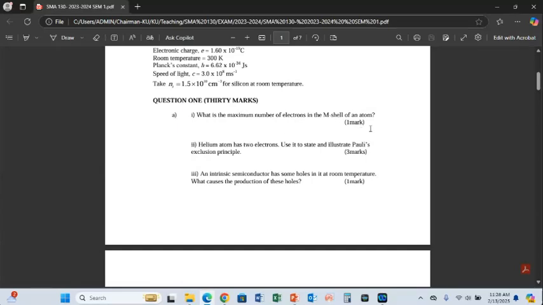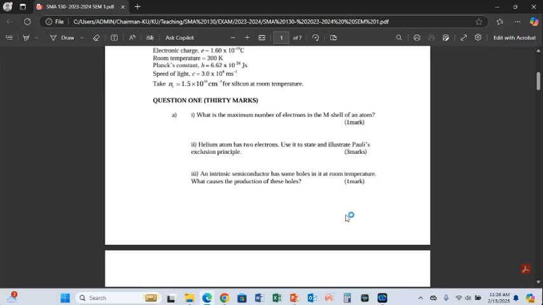We test that. But now look, in the exam you can be asked very simple things like what is the maximum number of electrons in the M shell of an atom? We score 1 mark. Then, an intrinsic semiconductor has some holes in it at room temperature.